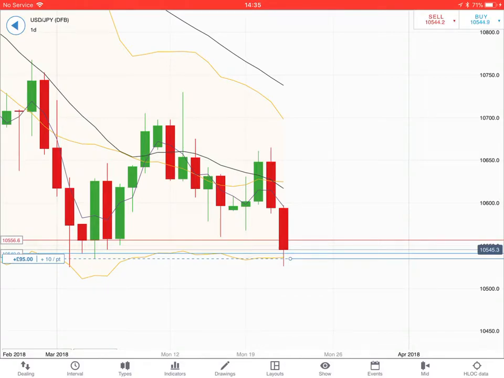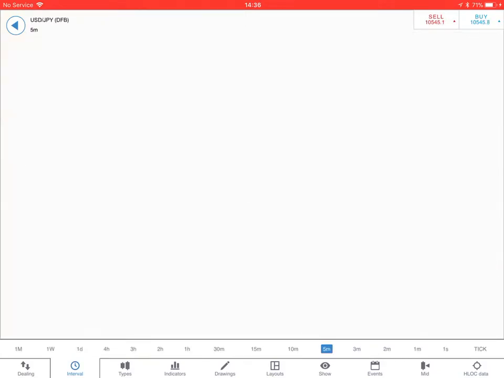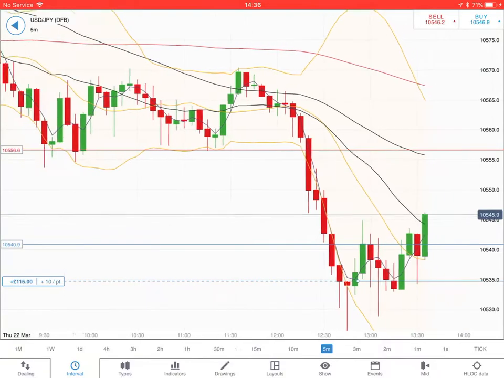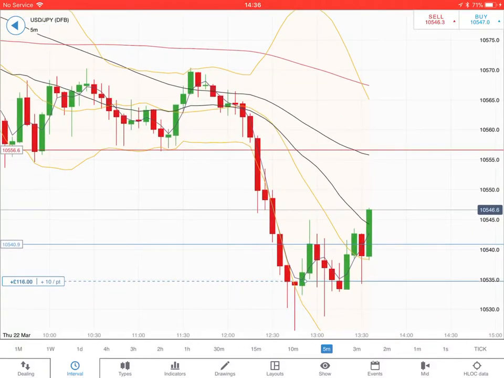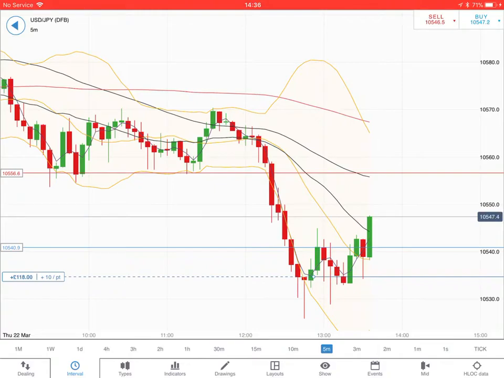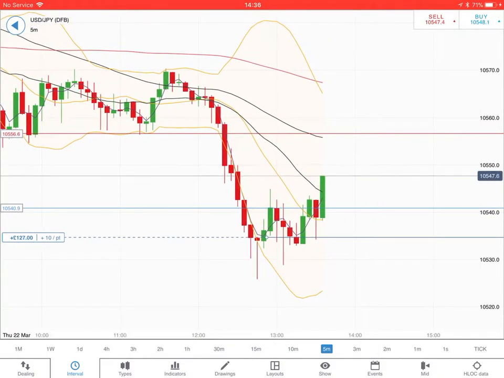Okay, so we're still in the daily time frame, and we bought right down here. And if we go to the 5 minute, we can zoom in on what's going on.